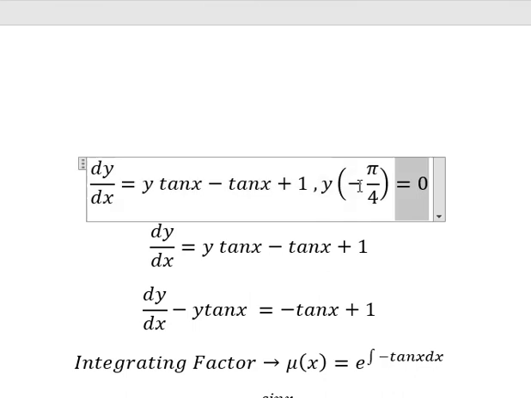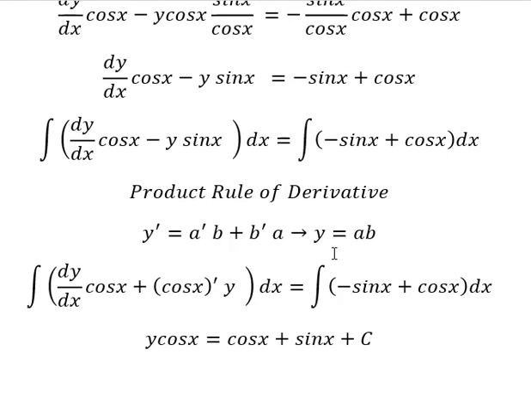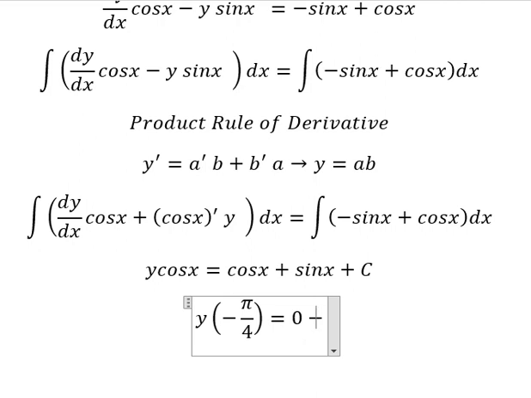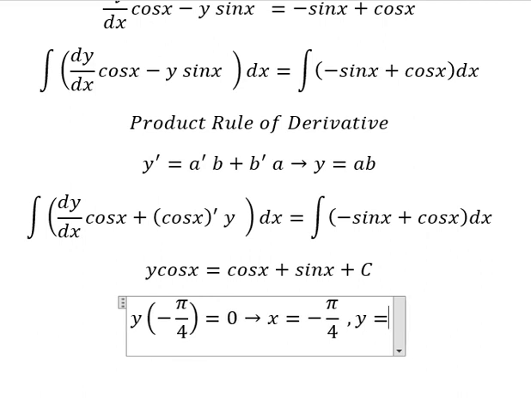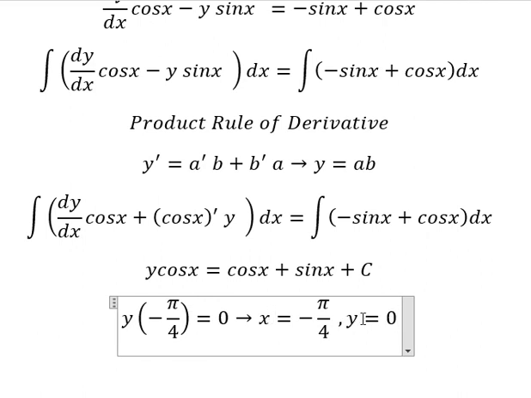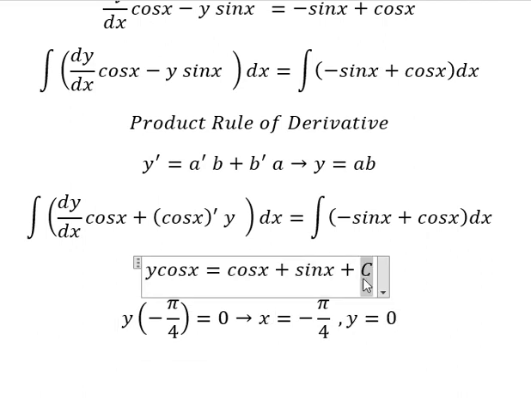Now we have the condition. That means when x equals negative pi over 4, y equals 0. And now we put this one in to find the value of c.